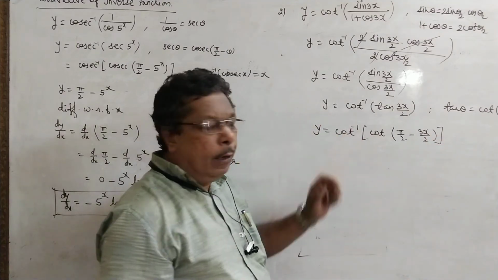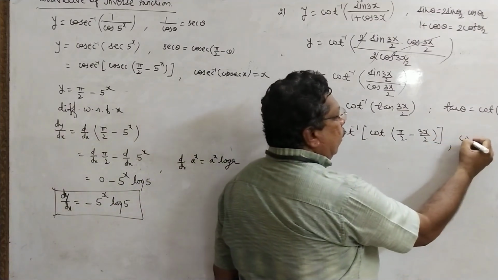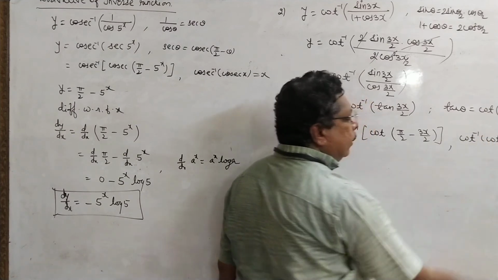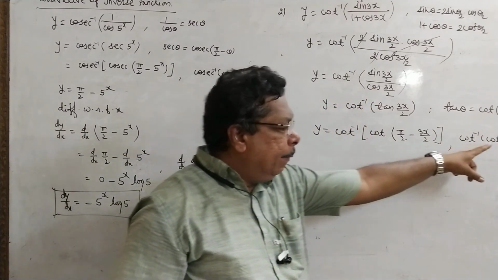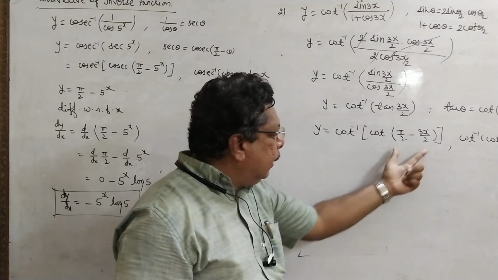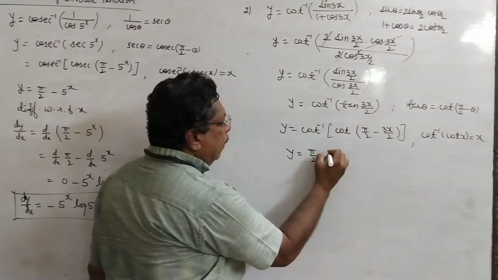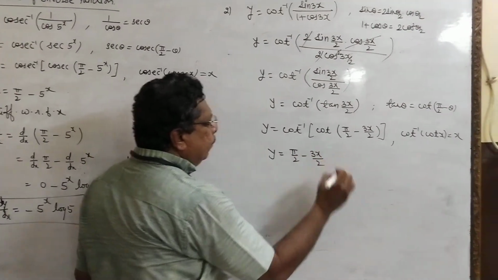Here cot inverse cot gets cancelled because cot inverse cot x is equal to x. Remaining is y equal to pi by 2 minus 3x by 2.